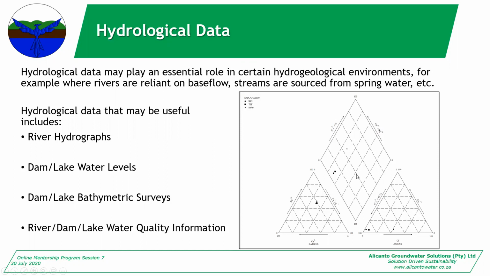You can see the borehole is the circle, then the tailings dam is a square, and the river is a triangle. So from here you can say the tailings and the borehole have a similar signature, but the river is totally different. So it's not likely that these two are interacting with the river. Like I said, it's not conclusive, but it does give you a good indication if they are talking to each other and interacting.